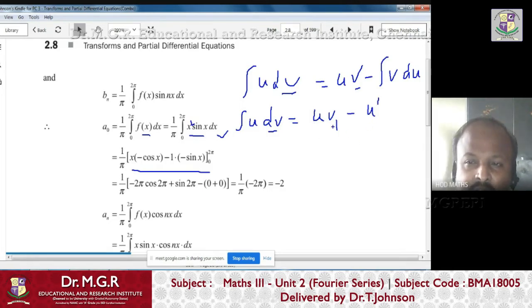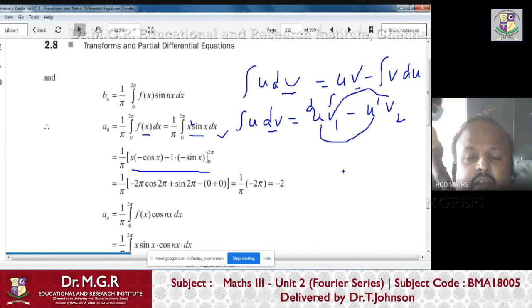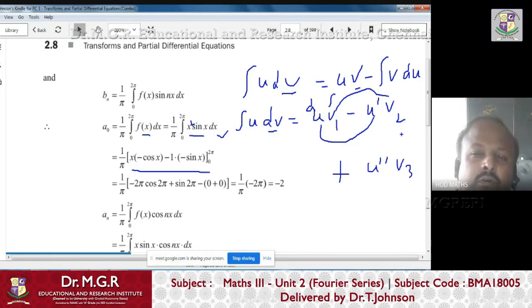Then if you integrate v1, you will get v2. Right? So differentiation of u will get you u dash. Integral of v1 takes you to v2. Then plus u double dash, so first u dash, now u double dash v3. So how does it look?